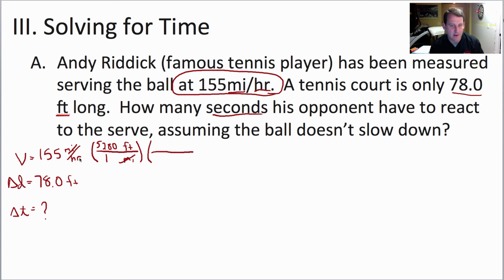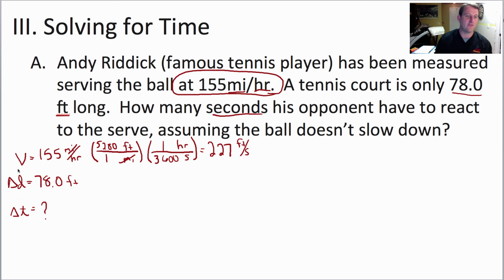Since hours is on the bottom here, I'm going to put it on top here so it cancels, and that leaves seconds for the bottom. And I know that there are 3,600 seconds in 1 hour. Then we just do the math, and we end up with a speed of 227 feet per second. So that's our new velocity that we'll use in the problem.